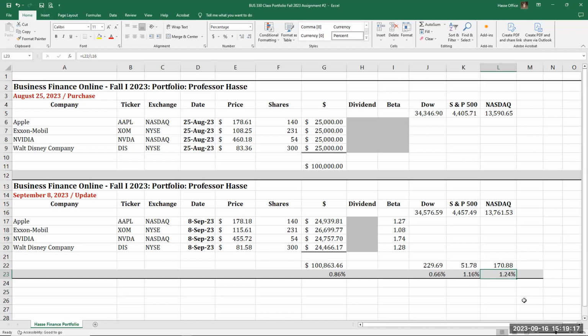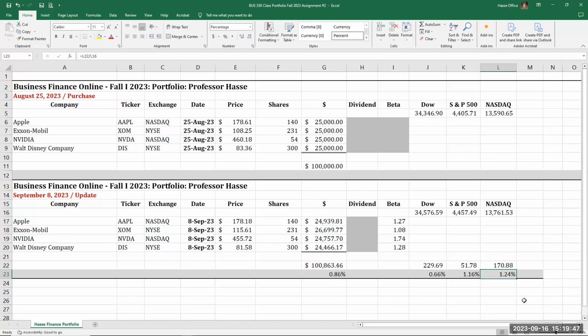You're going to be doing this again, another segment, as of the close of the market on Friday, October 13th, which will be the last valuation date of your portfolio. And you'll be finding the dividends posted to your account during that period of time, August 25th to October 13th.